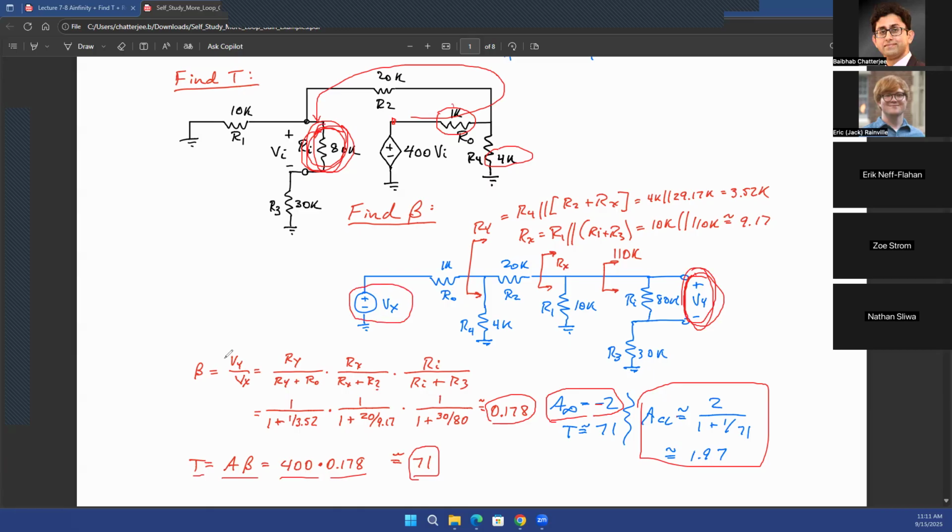As you see, beta is the ratio of those two voltages because you're interested in how much of Vx is finally available across the input terminals of the op-amp. That's the only thing that you're interested in here. And for that, you're doing this voltage division, again, as you learned in previous classes.